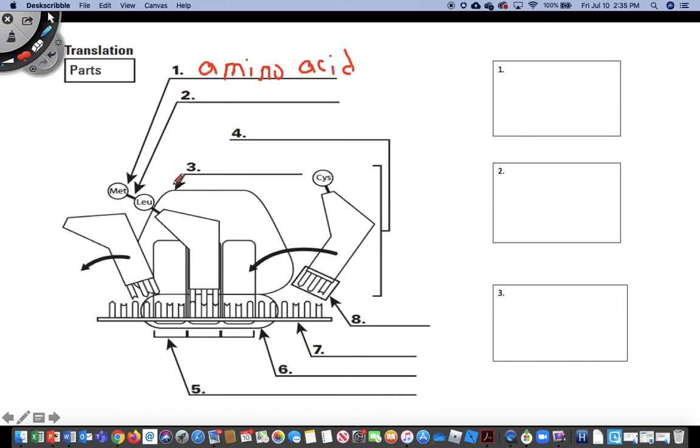Remember that a protein is also known as a polypeptide or a chain of amino acids. So here we see that the amino acids are held together by a peptide bond. So if you were wondering why a protein is also called a polypeptide, well, that's because the amino acids are held together by peptide bonds.